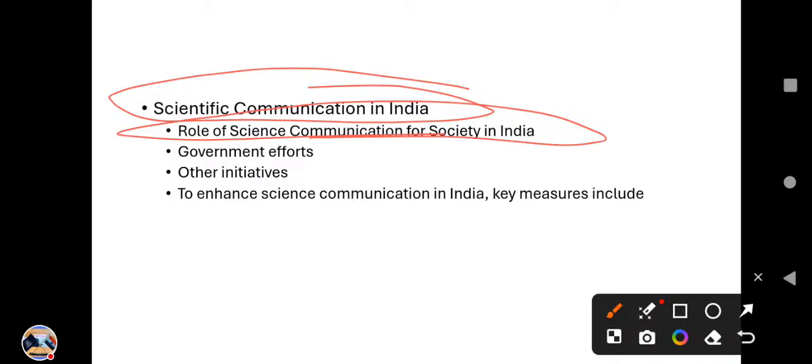Building trust in scientific institutions, because regularly sharing updates, findings and insights from scientific institutions builds credibility. Credibility will be increased by building trust in scientific institutions without any superstitious beliefs, and by empowering decision making.